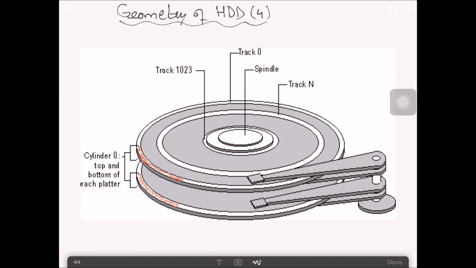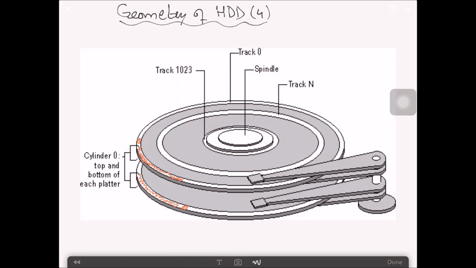And of course, we know that since both sides of this platter are written, we have a track 0 on the upper side, we have a track 0 on the lower side, then we have a track 0 on this platter and another track 0 on the bottom side of this platter. So all these 4 tracks make up a cylinder.